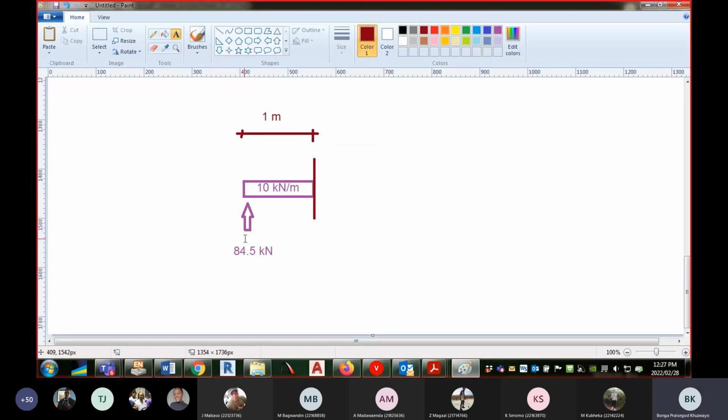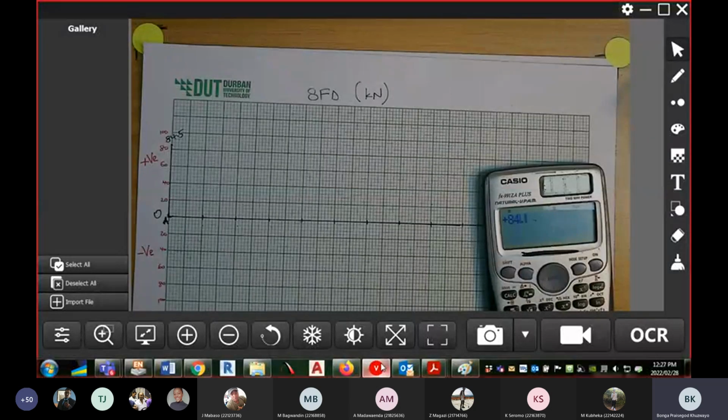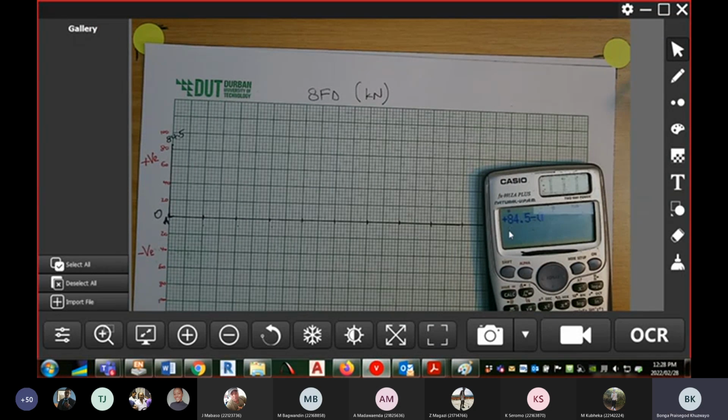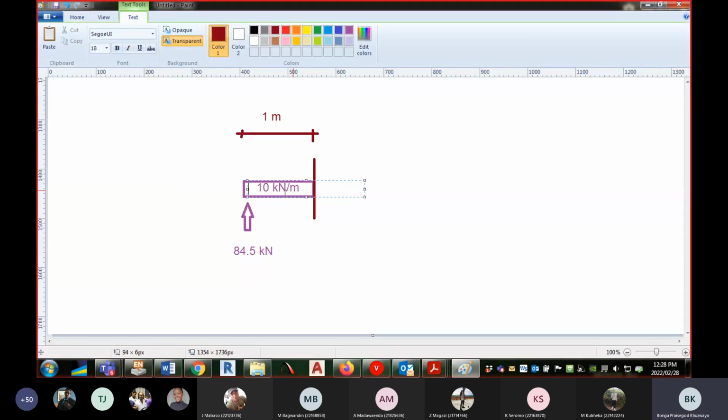Currently we're sitting at 84.5. So we're going to say plus 84.5 minus what? We need to subtract that load there, that 10 kilonewton per meter over a distance of 1 meter. It's 10 kilonewton per meter times 1 meter, which gives 10.